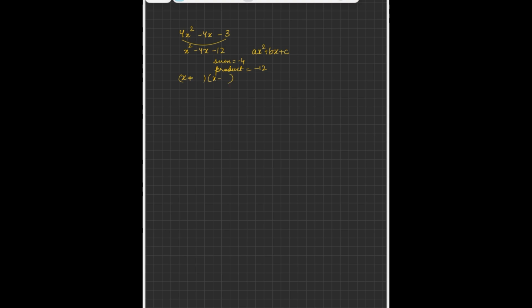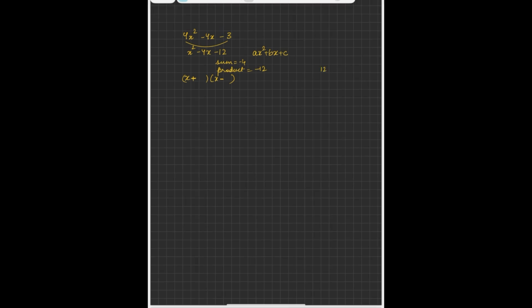So we'll write x plus some number and x minus another number. We have to find out these two numbers. Since the product is 12, we will find out the factors of 12. So 1 into 12, 2 into 6, 3 into 4. Now 4 into 3. Now this is getting repeated, so we'll stop here. So these are the factors of 12.